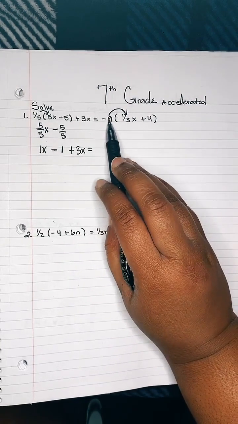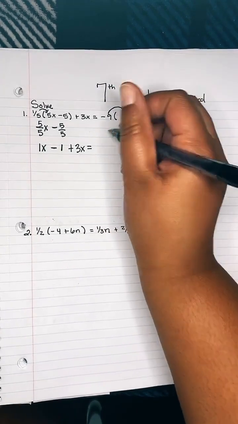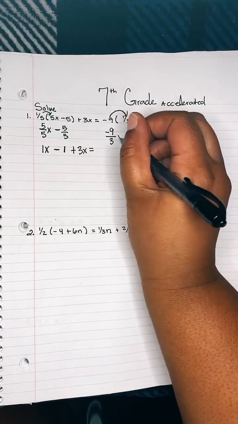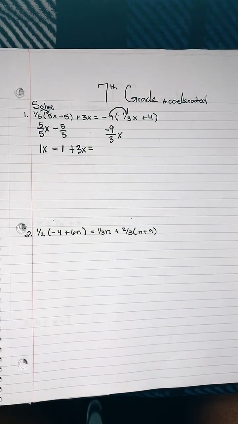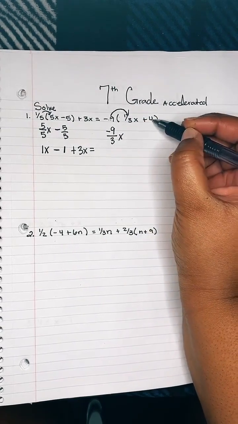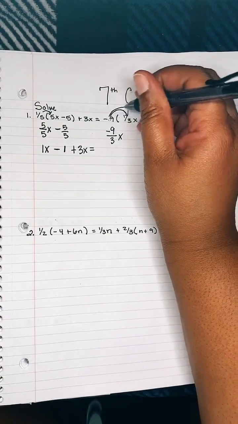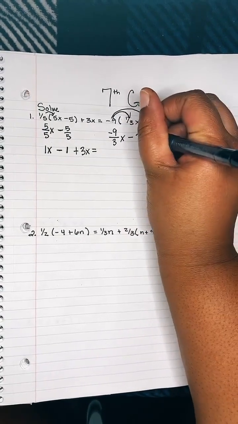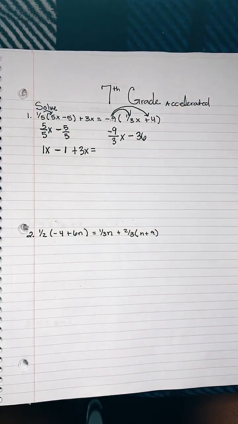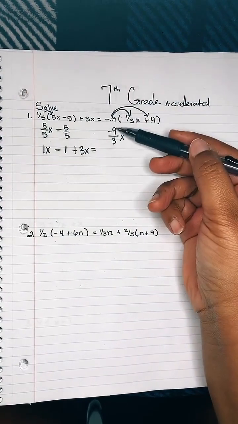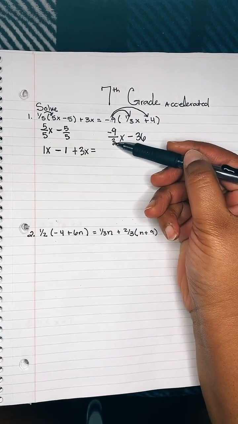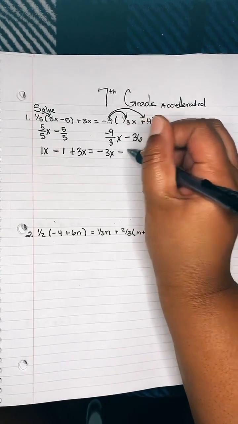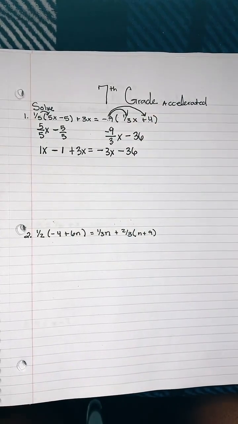So we would do negative 9 times 1, which gives us a negative 9 over, and we still have that 3 in the bottom, x. And now we have negative 9 times a positive 4. So negative 9 times a positive 4 gets us a negative 36. Okay. So now we do negative 9 divided by 3 gives us a negative 3x minus 36.